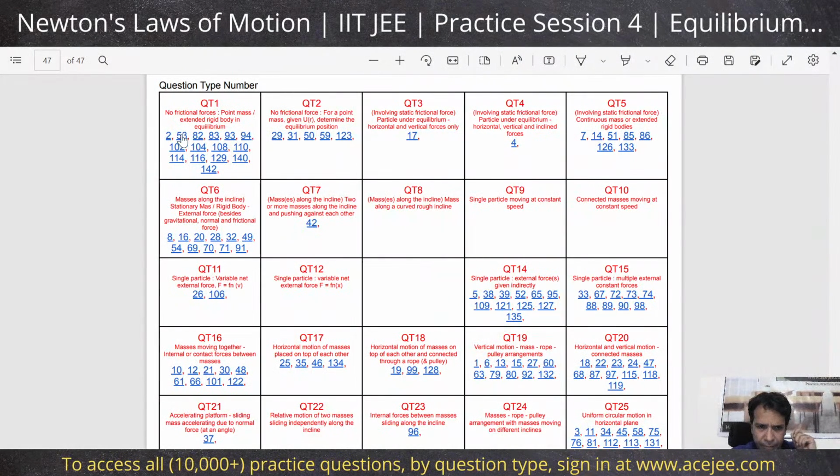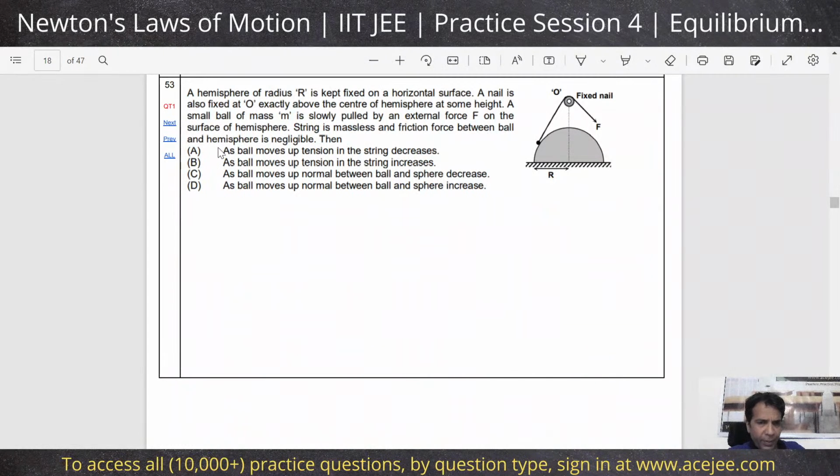So we're here. Okay. Now, this question we couldn't finish yesterday, right? Yes, sir. Okay. Again, a fairly good question. So what do we have in here? This is a smooth sphere, and you're applying a force F, and this is the mass M. The string is massless, and the pulley is frictionless.